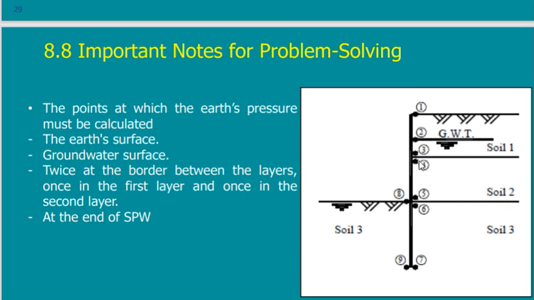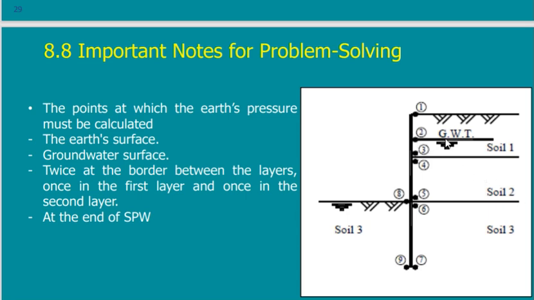So at a depth of 2 meters, I have two values, one just above and one just below. So at the interface between layers, I have to calculate the value twice, one at the bottom of the layer and one at the top of the next layer, because I will have different C and phi. This is the first thing you need to understand.